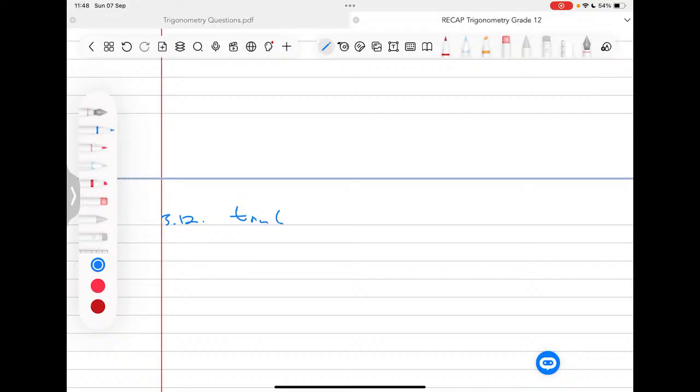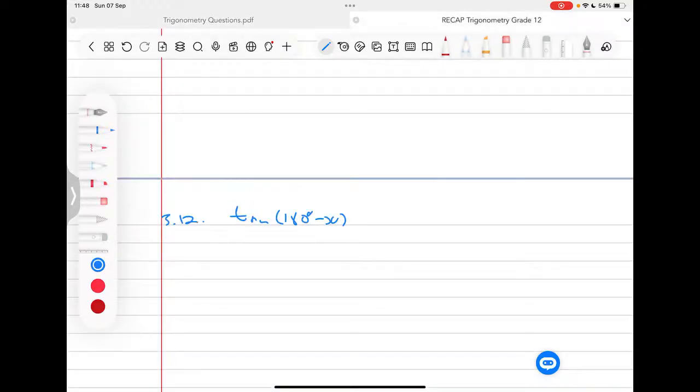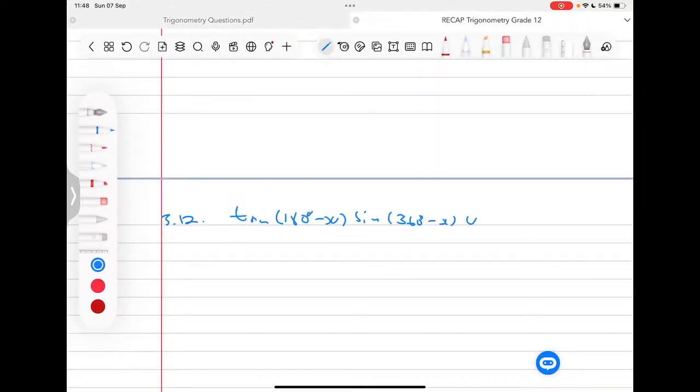the tan of 180 minus x, the sine of 360 minus x, the cos of 90 minus x.